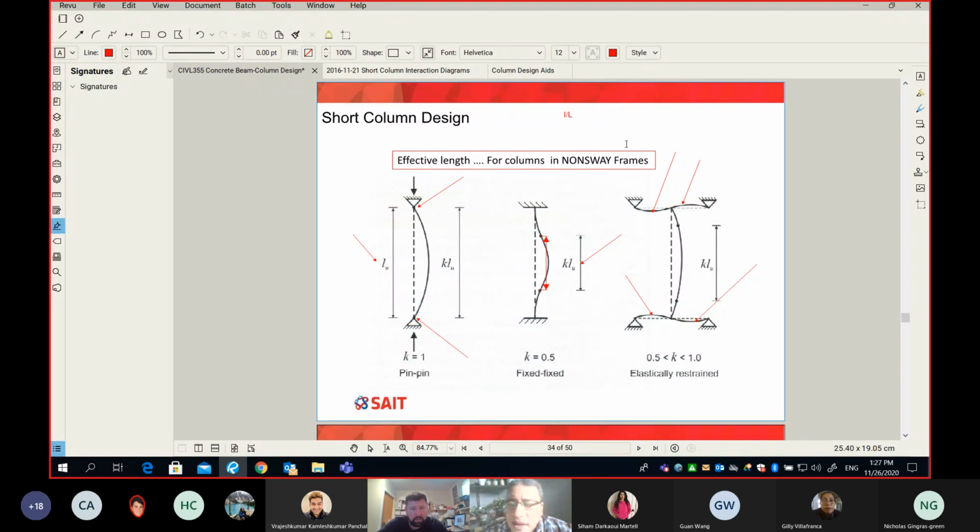We talked about this before in our course. If the member section is big, then it's stiffer. Also, when the member is so long, it is less stiff.